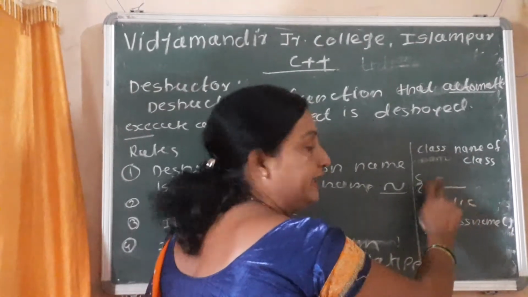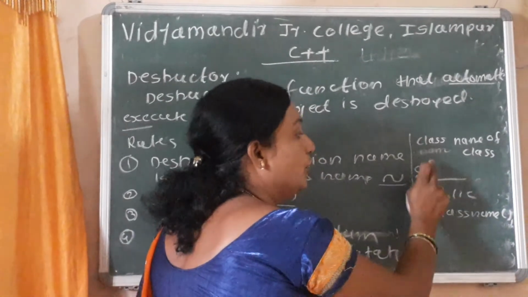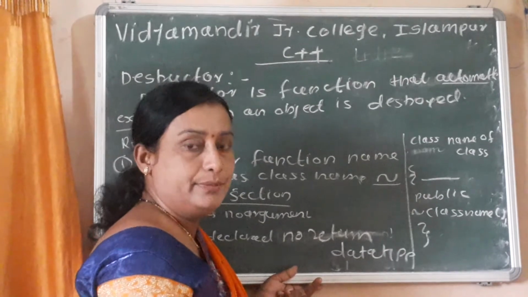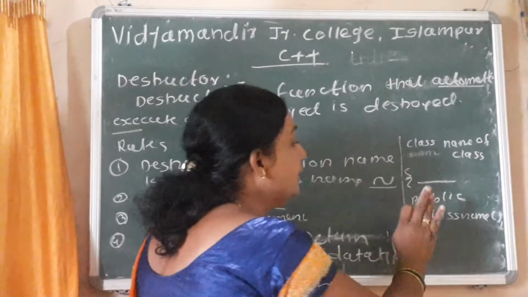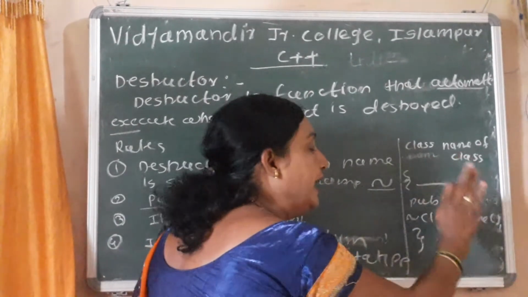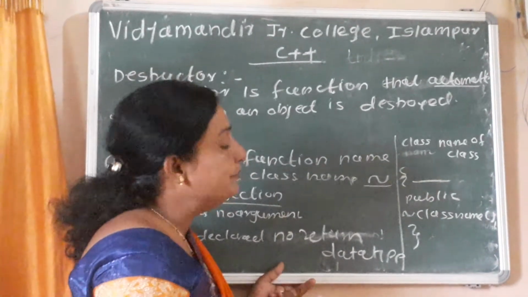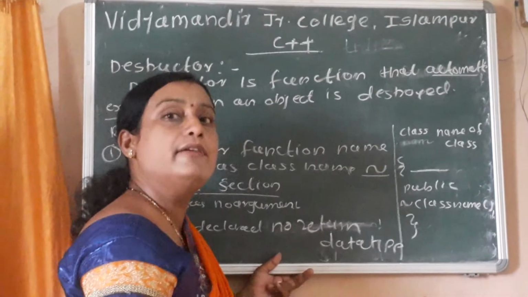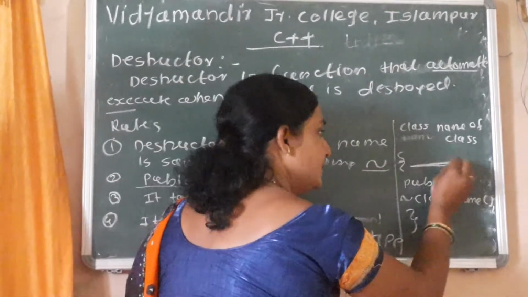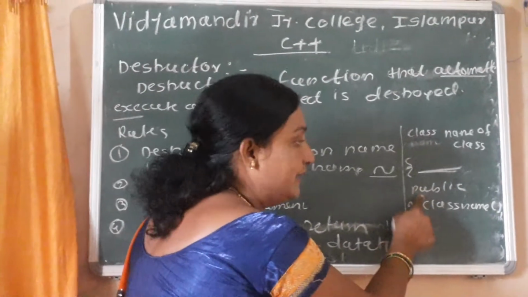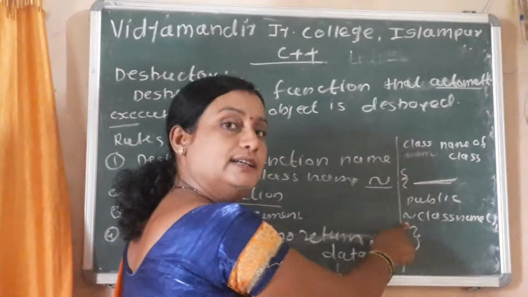So I can write it here blank. If user does not give any visibility mode, the compiler considers it the private section. Here are some data members or member functions in the private section, and in the public section we can declare the destructor function.